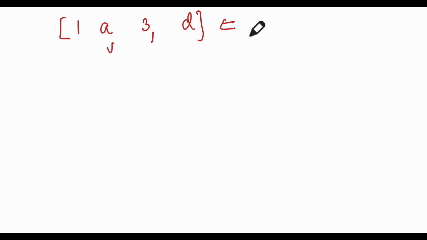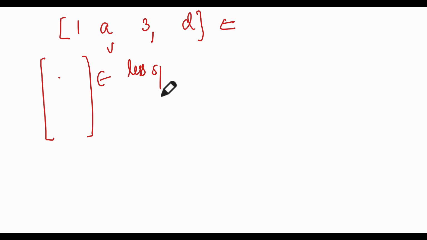But in NumPy, you can only store one data type in a single array, and this is the reason it takes less space. And it is more efficient for calculation.